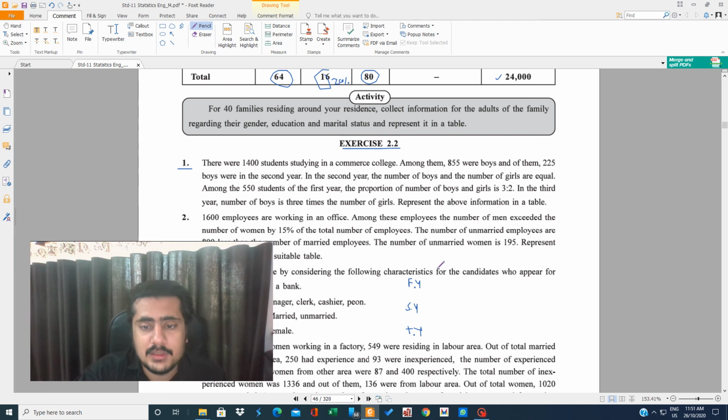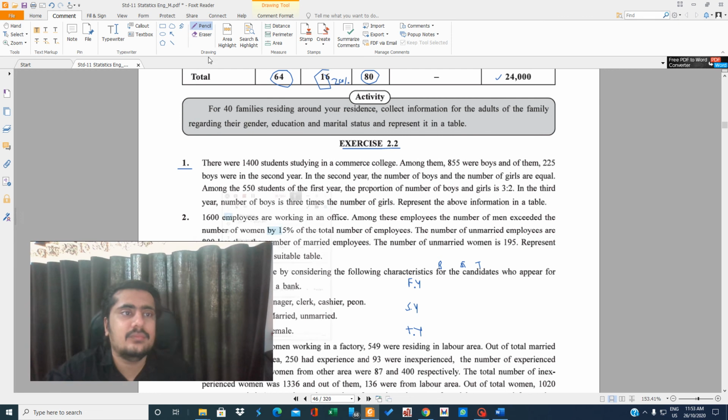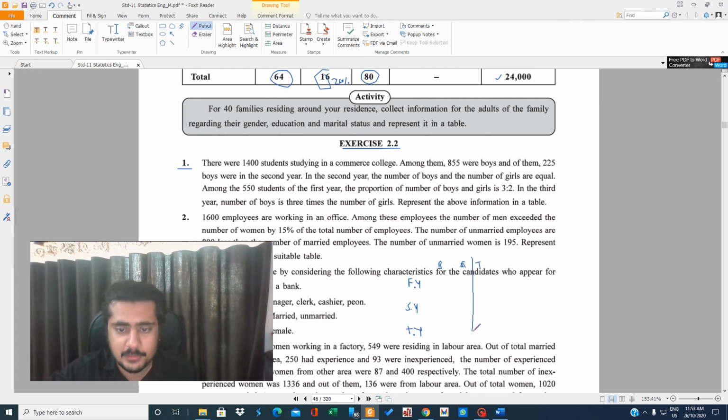Then in each year, the proportion will be boys and girls. This is how we are going to prepare the table. Total can be made here.